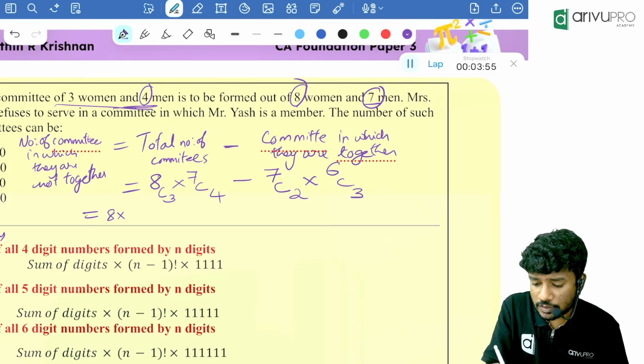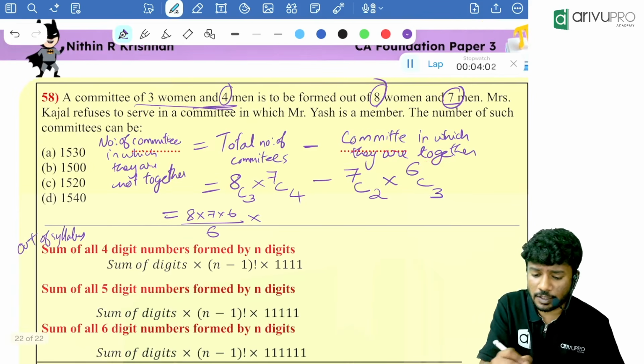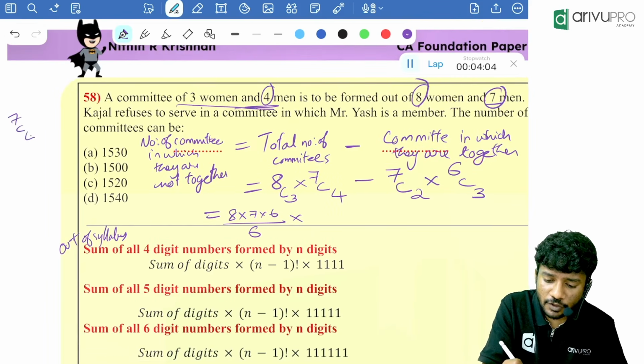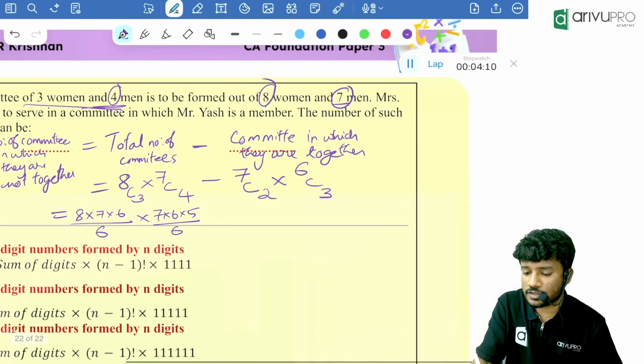8C3 can be written as 8 into 7 into 6 divided by 3 factorial, which is 6. 7C4 is 7C3, that is 7 into 6 into 5 divided by 3 factorial, which is 6.